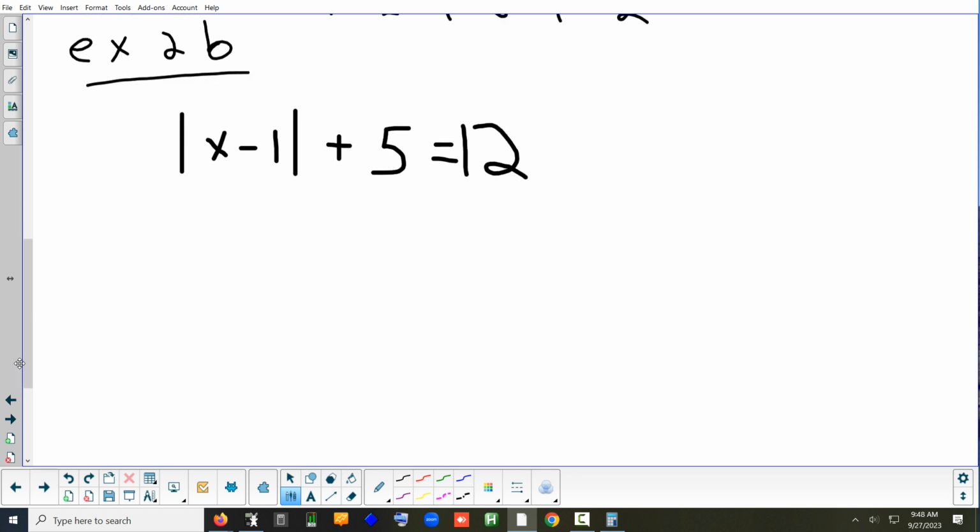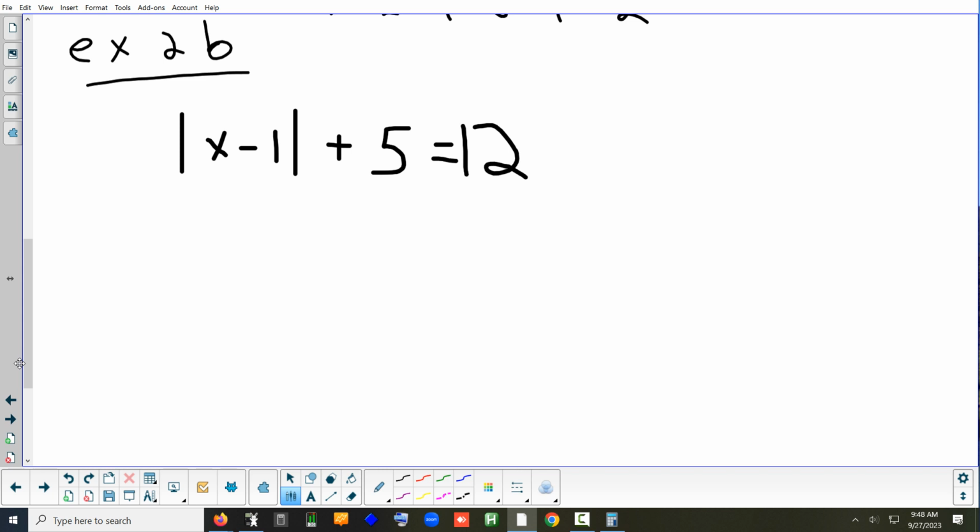All right, so last one. See if you can solve that. We can do the first step together. So first thing you ask yourself, is the absolute value by itself? Okay, no, so we got to fix it. What's messing it up so that it's not by itself? Yeah, that +5. So how do we get rid of a +5?